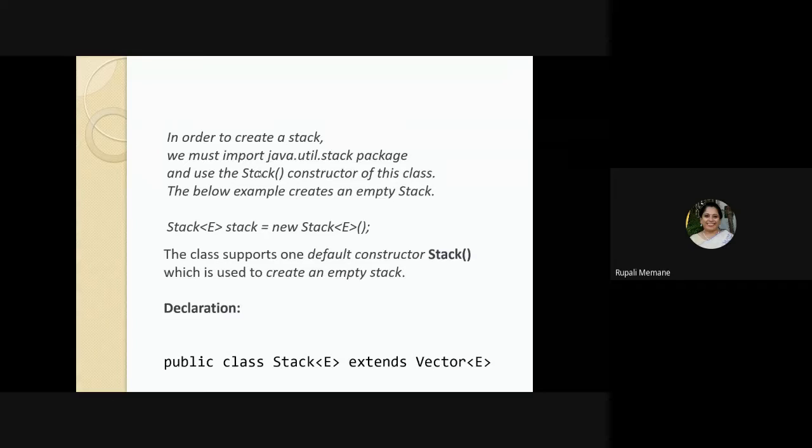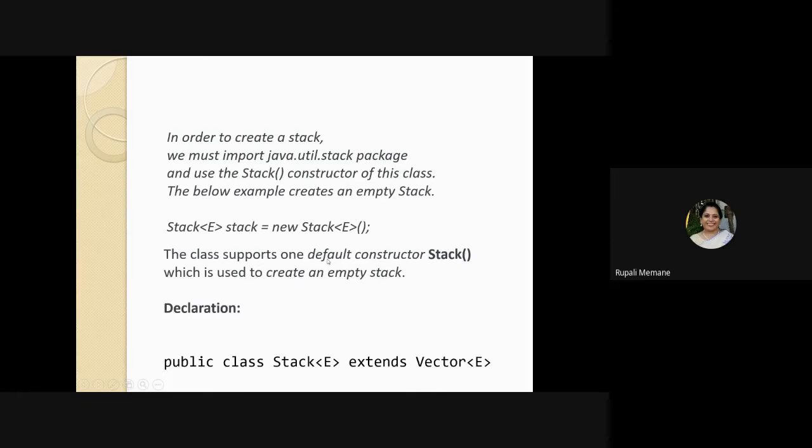We have seen the constructors, the way we create our collections. The constructor here is an empty or default constructor, and the syntax will be Stack<E> stack = new Stack<>(). E here stands for the data type you are giving.